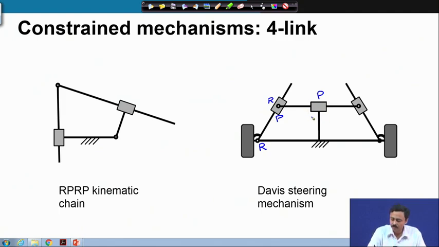When you move this rod in one direction, this will rotate this link and hence turn the wheel.